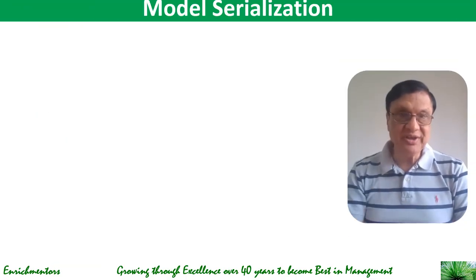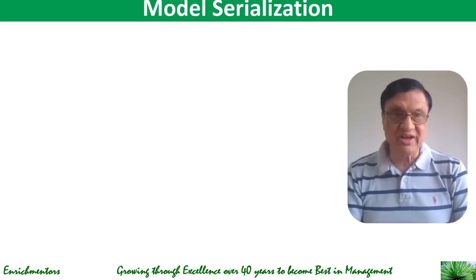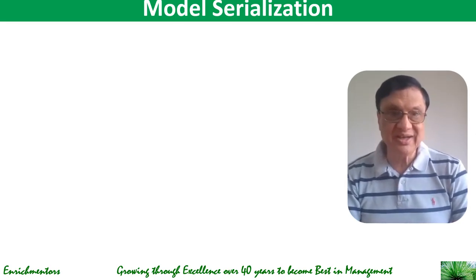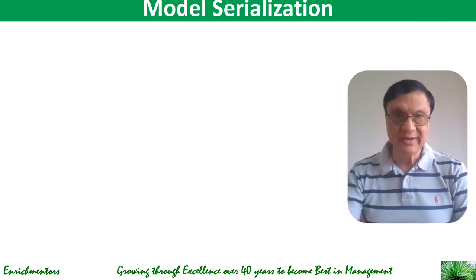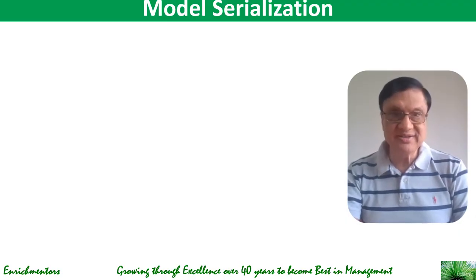The first thing is to do model serialization. You need to serialize a trained model, particularly into a format that can be easily loaded and executed in a production environment. So turn the trained model into a serial format that can be easily loaded. Now, what are the various things that you can do?